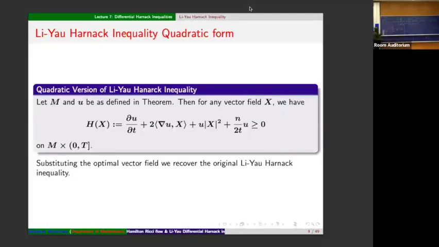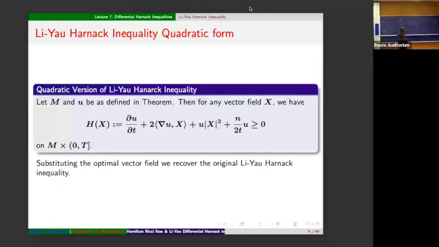if we substitute there, we'll get the Li-Yau gradient estimate back. So this observation helps to say, okay, if you have this vector field, and if it's a time-dependent vector field under the Ricci flow, then we should be able to get an estimate of maybe scalar curvature.